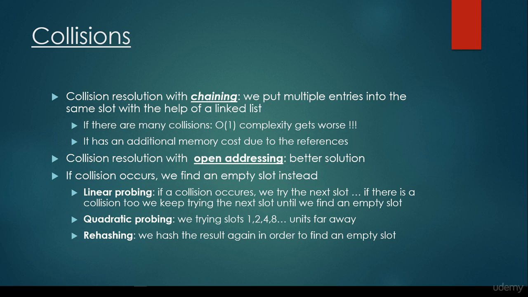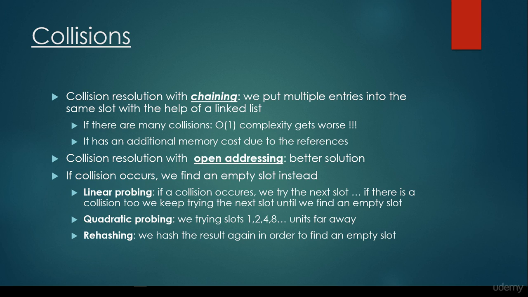Collision resolution with chaining is when we put multiple entries into the same slot with the help of a linked list. If there are many collisions, then the order 1 complexity gets worse. Why? Because in the worst case scenario we generate the same index for all of the keys. It means that we are going to end up with a linked list, because we have to store all the items with the same array index.